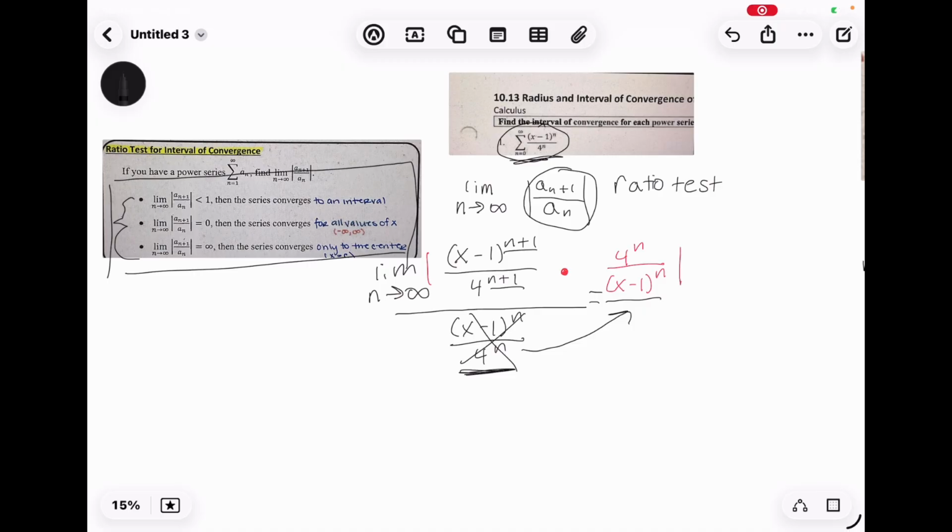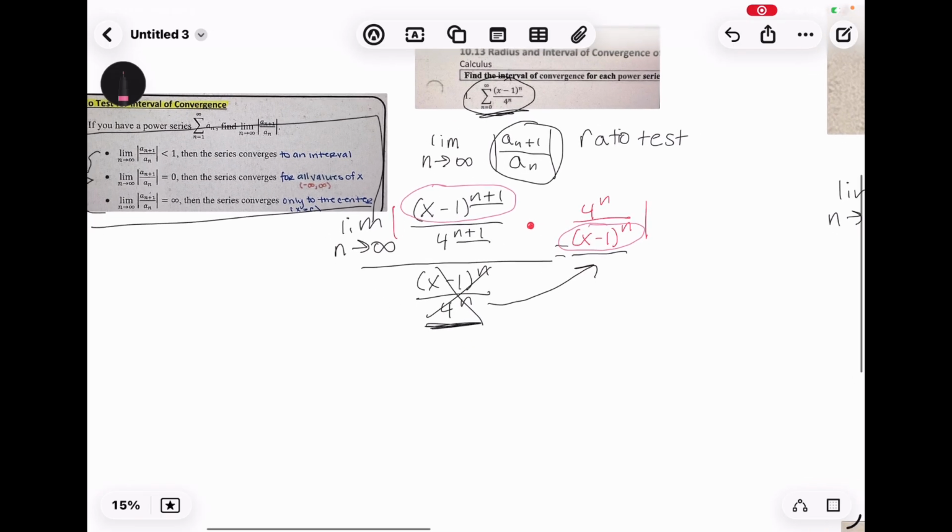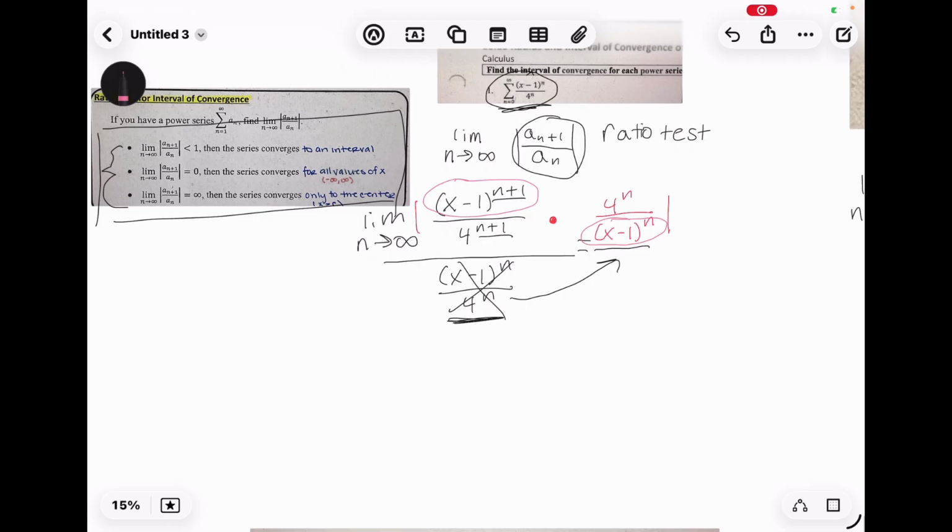So, a simplifying rule here, okay? So we have (x minus 1) to the n plus 1, and we have (x minus 1) to the n. And for that, it's going to simplify as x minus 1. So I'm going to write that right here. That becomes x minus 1.